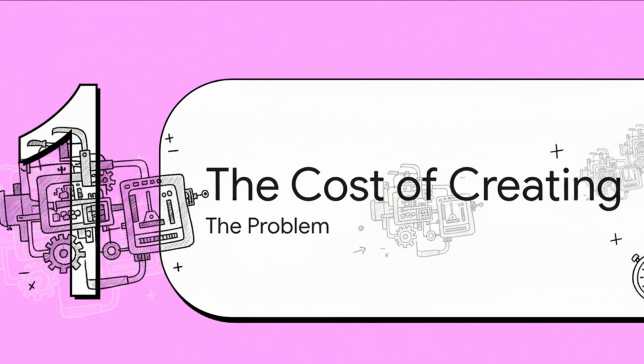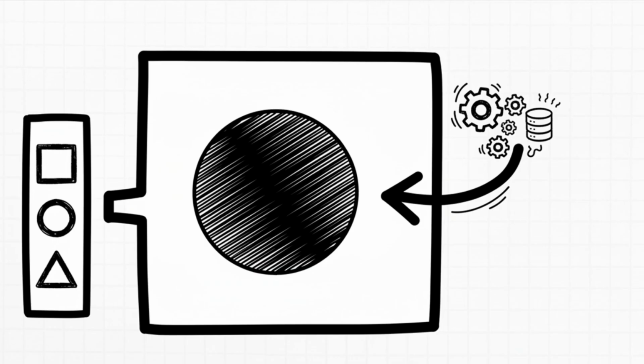Okay, so first up, let's really dig into the problem this whole pattern is trying to solve. We're going to look at the hidden costs of creating objects from the ground up every single time. So, picture this. You're building a cool graphic design app. Your user wants to add another circle to their canvas, and they want it to look exactly like the one they just made.